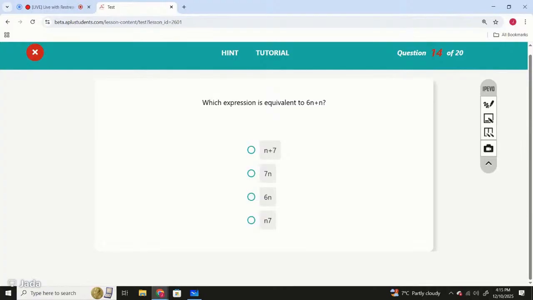Which expression is equal to 6n plus n? So 6n plus n is equal to 7n. Option number 2 is the correct option.